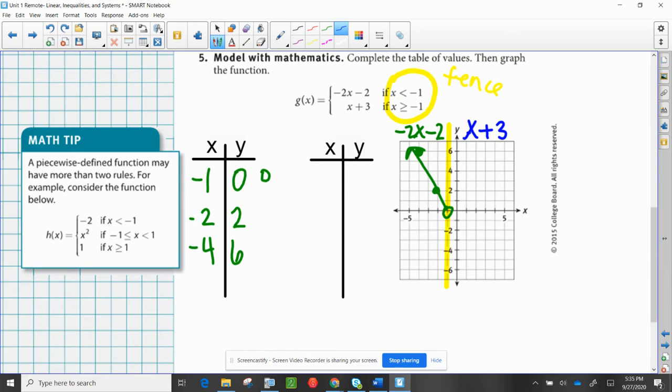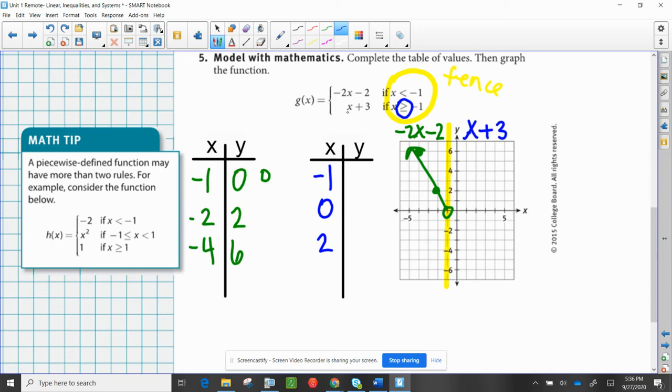All right, I'm going to do the right side a little faster. So again, we have to pick the fence. We have to know where our closed circle goes. And then I can pick any numbers that are greater than -1. So maybe I'll pick 0 and 2. The only value you have to pick is the fence value. After that, the choice is yours.